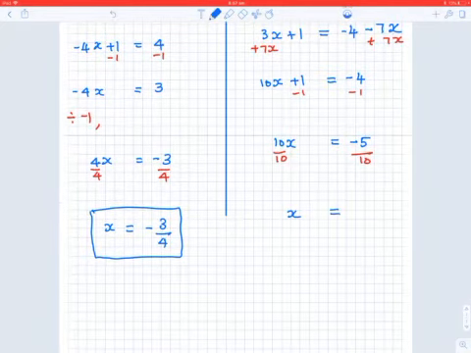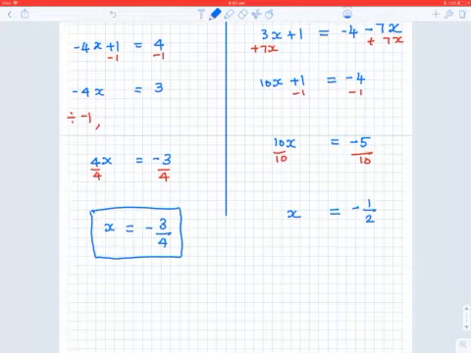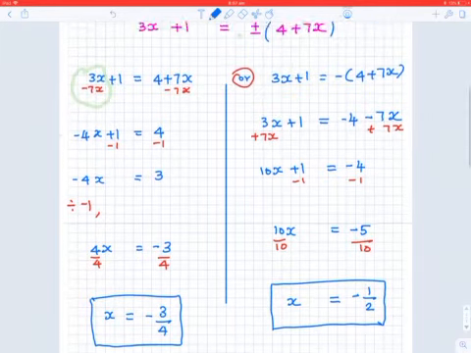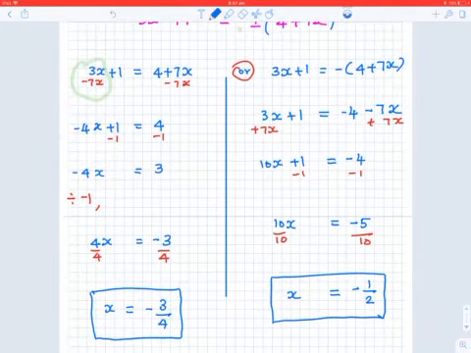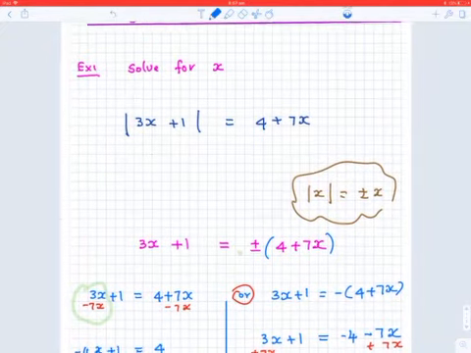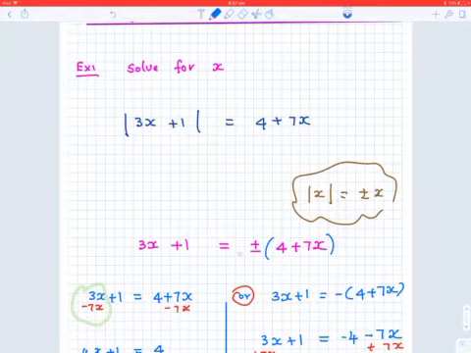Then divide by 10 on both sides gives you x equals minus 5 over 10, which becomes minus half. Okay, now we have two answers.